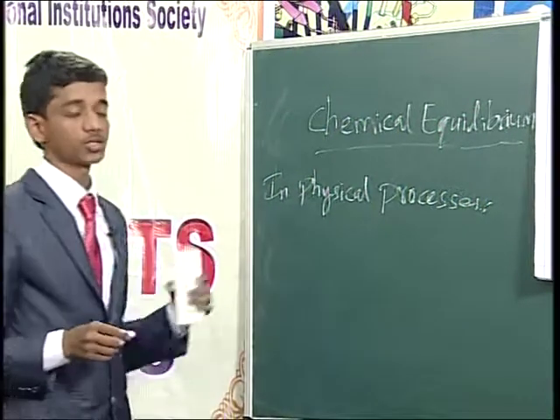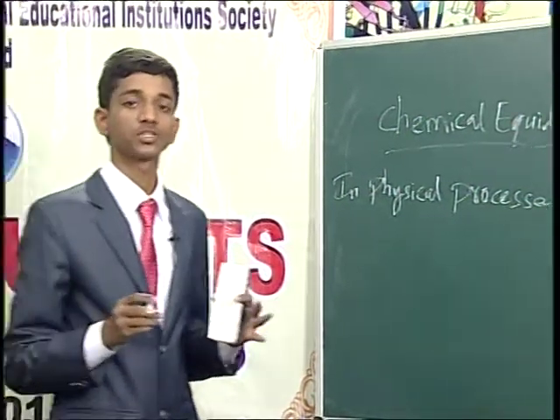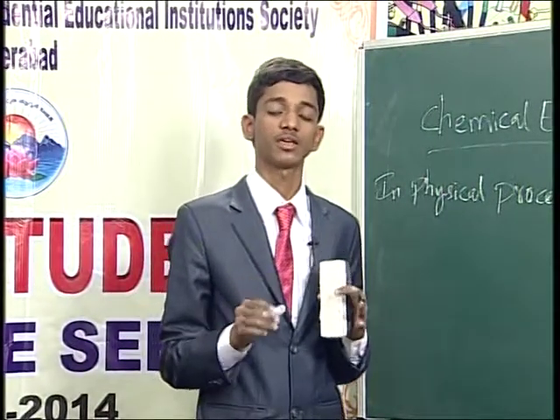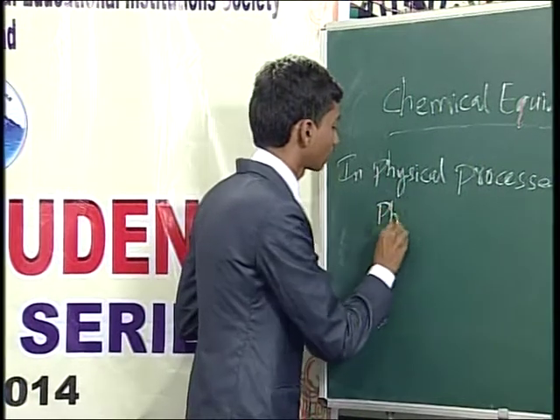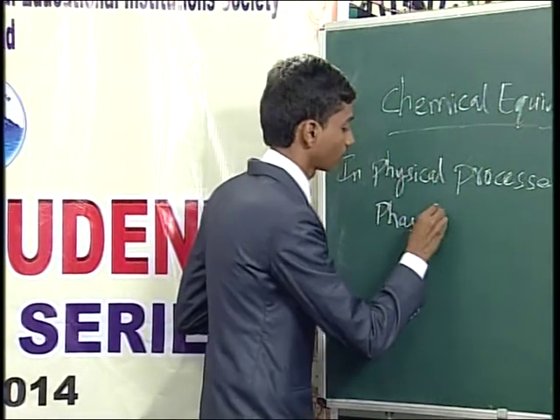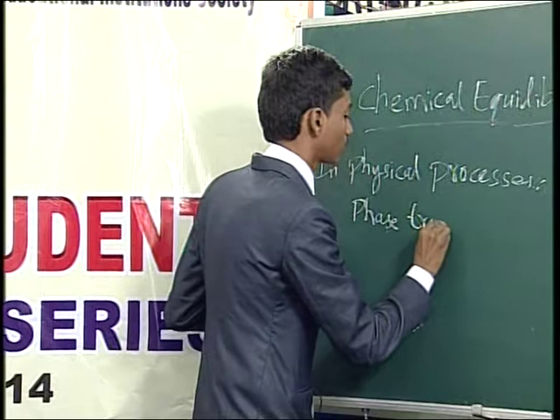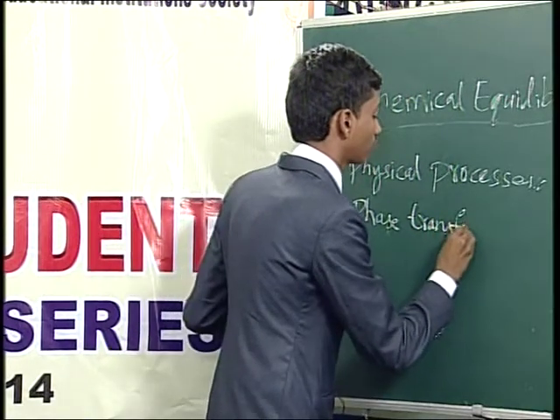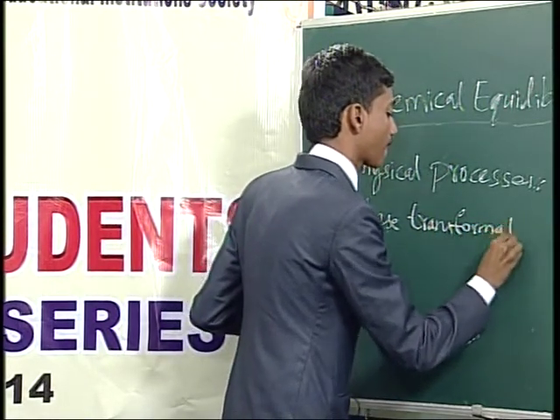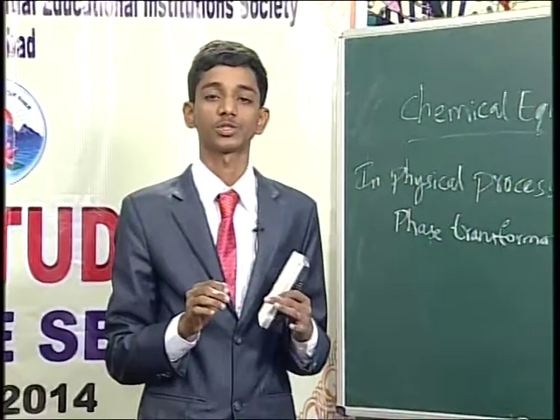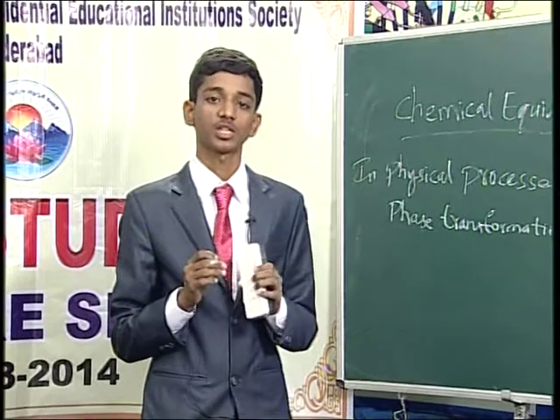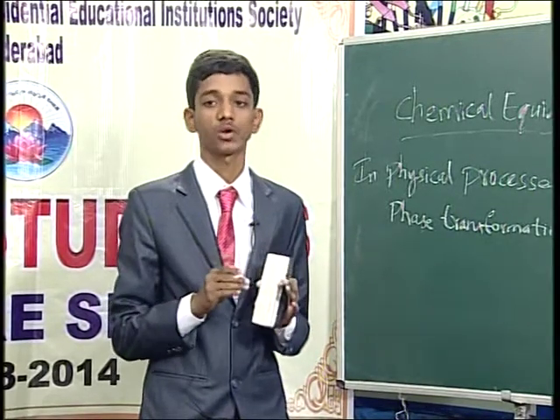Equilibrium in physical processes we can easily understand by considering a small example like phase transformation. What is phase transformation? Phase transformation is nothing but changing from one state to another state.